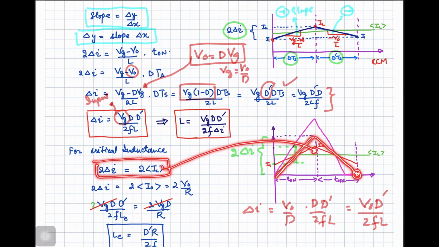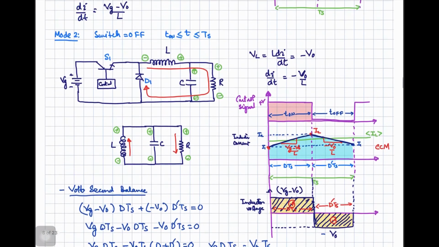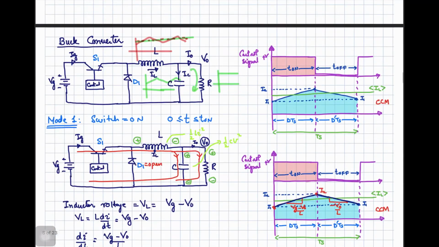Using this, we can find the critical inductance, the inductance at which the inductor current becomes discontinuous. So 2 delta I is equal to 2 times IL. The inductor average current passes through the load, and the high frequency current takes the path through the capacitor.